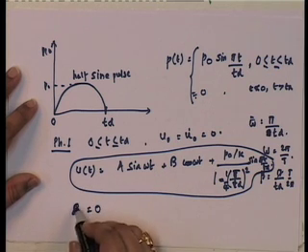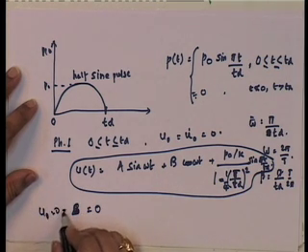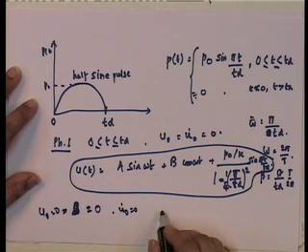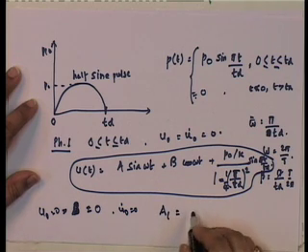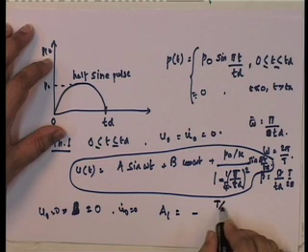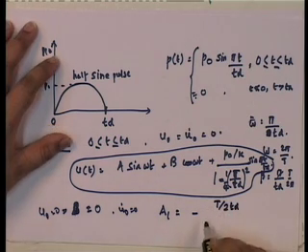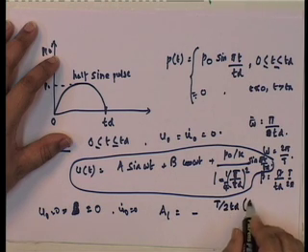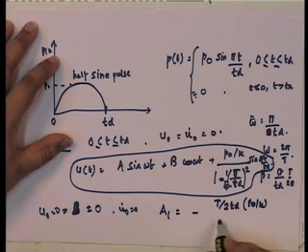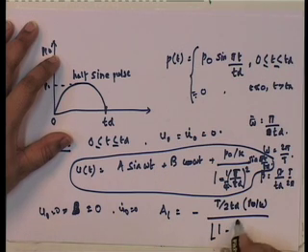So u 0 equal to 0 implies that B is equal to 0, and from u dot 0 equal to 0, I get that A1 is equal to minus T by 2 T d into P naught by k upon 1 minus T upon 2 T d the whole squared.